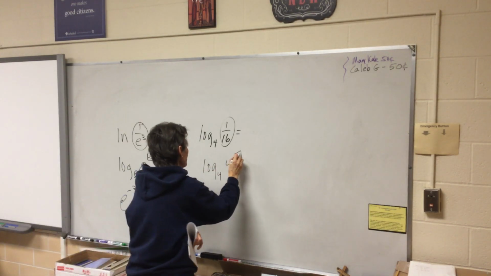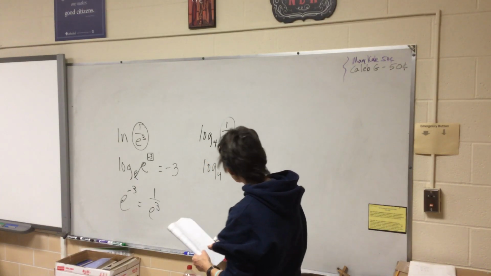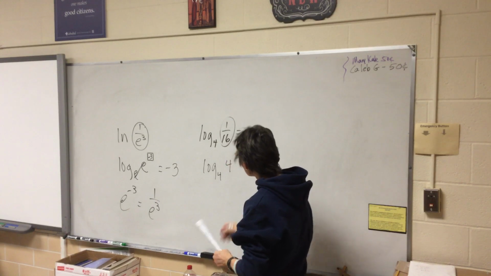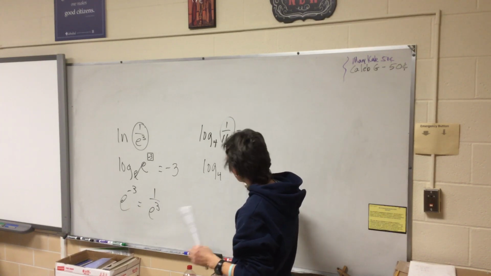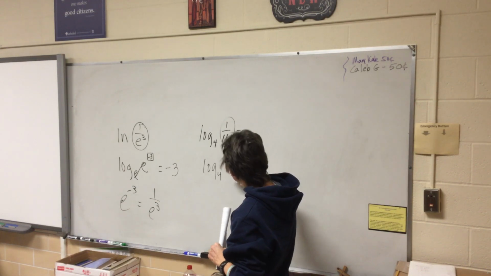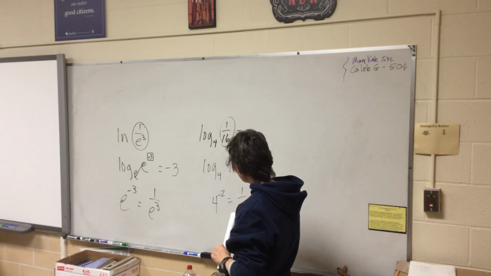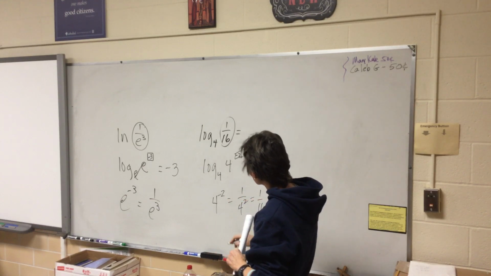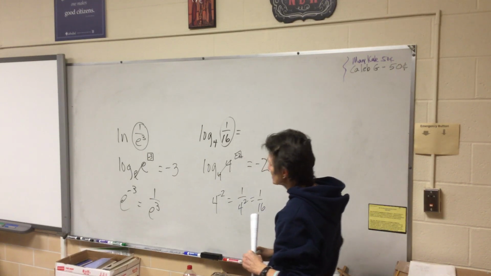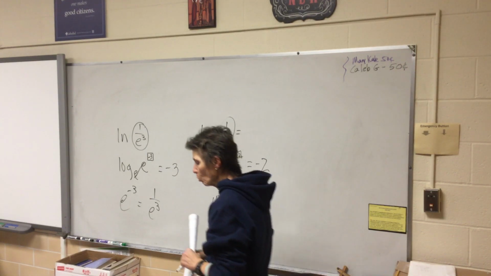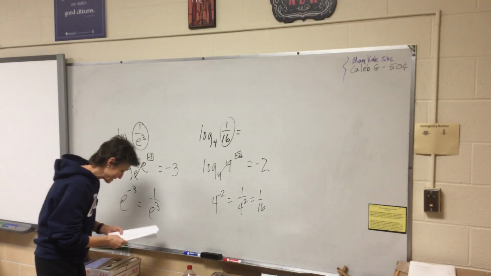Yep. I don't know if you guys are zoned out, or if you're not getting it, or if you're getting it. I don't know. You need to talk to me about this. Because I'm not going to keep explaining every problem if I don't need to, and I don't know what's going on there. So 4 to the -2nd means 1/4 squared, which is 1/16. So these match, so the answer is -2. Because 1/16 is 4 to the -2nd.